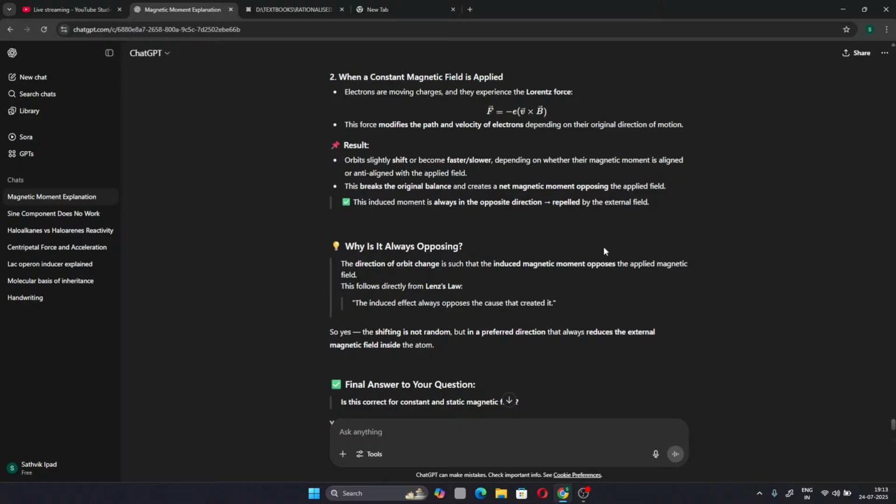But how can this magnetic force make orbitals faster or slower?